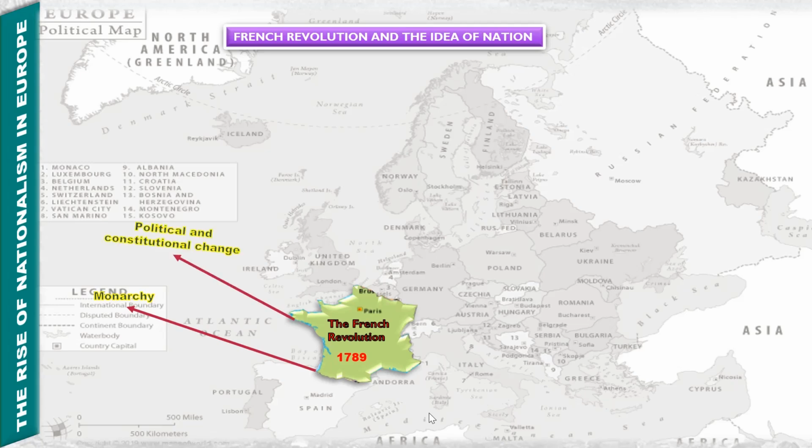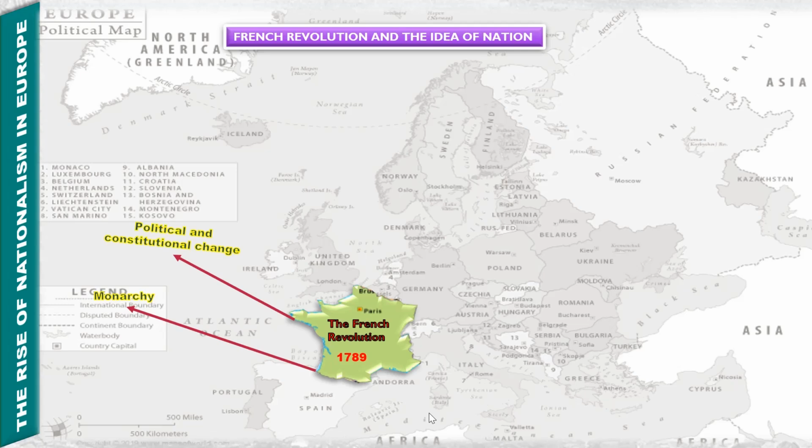The political and constitutional changes that came in the wake of the French Revolution led to the transfer of sovereignty from the monarchy to a body of French citizens. The revolution proclaimed that it was the people who would henceforth constitute the nation and shape its destiny.